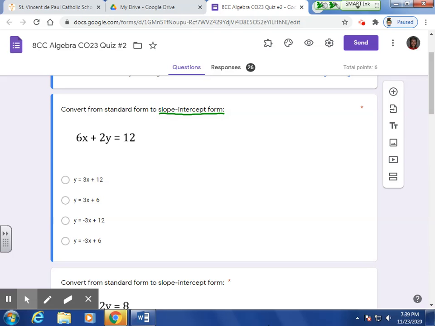Because it's so easy to use since it's got the slope and the y-intercept clearly defined, M and B. But sometimes you'll be given equations that aren't in slope-intercept form. So just like we convert from decimals to fractions, or from fractions to percentages, or standard form to scientific notation, this is another form of conversion, where we're putting a given equation into slope-intercept form. So that's why we're doing this.